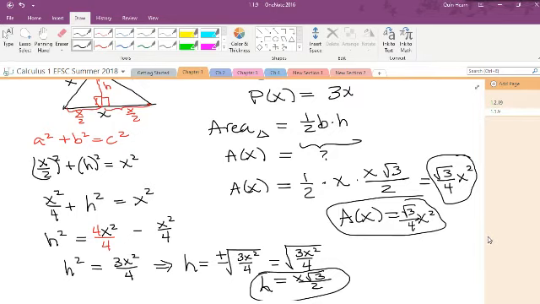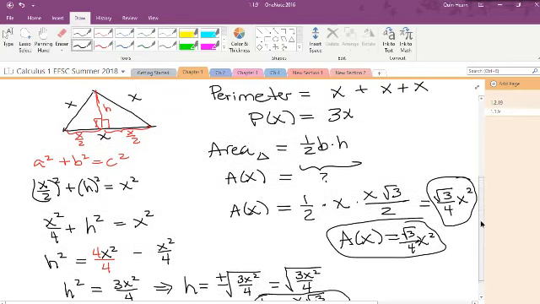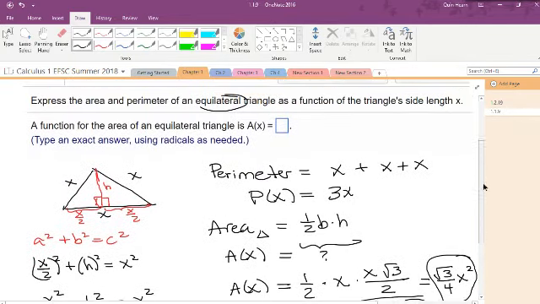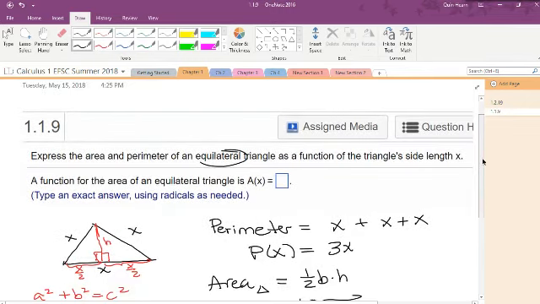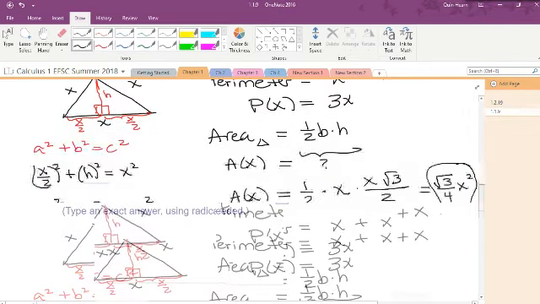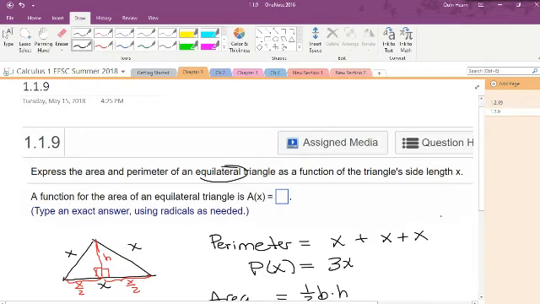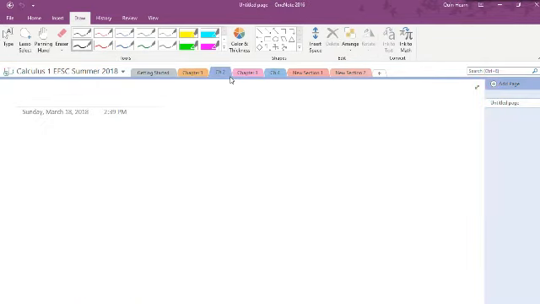All right, were there any other questions that you guys had from the section 1.1, 1.2, or 1.3 homework? By the way, I'm going to post a link to this file in our classroom, so you'll be able to access it. Anytime somebody sends me an Ask My Instructor question from our book, I add it to this file.